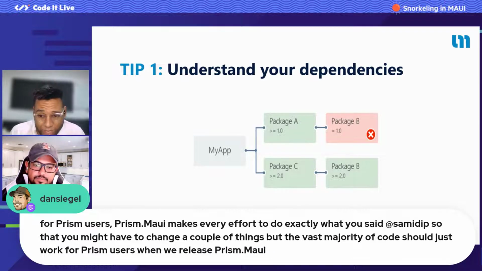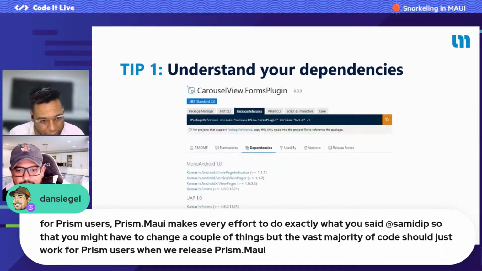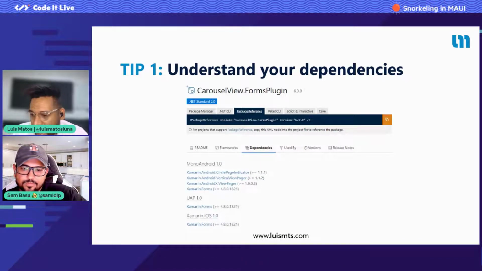If you are using external NuGet packages, or maybe some linking reference with native libraries and all of those things, you need to take that into account. If, for example, you have a NuGet package like Carousel View that has a dependency on Mono Android, UWP, Xamarin iOS, maybe you cannot migrate that until they migrate this solution to .NET 6.